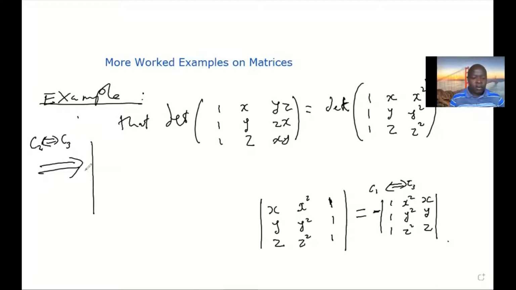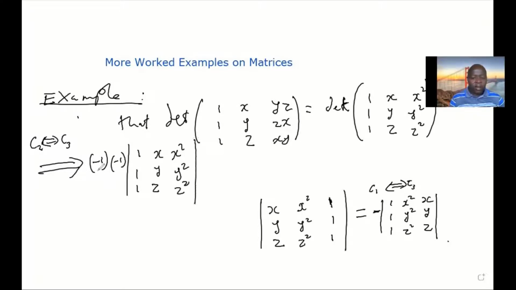So what do I get just before that? There's already a negative outside. So when I interchange these two columns, another negative comes outside. And so what I then have would be 1, 1, 1, x, y, z, and then x squared, y squared, z squared. Negative times negative is positive.